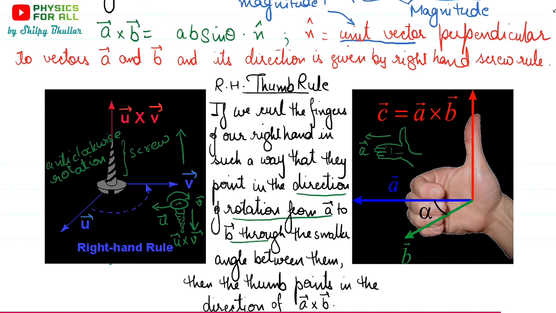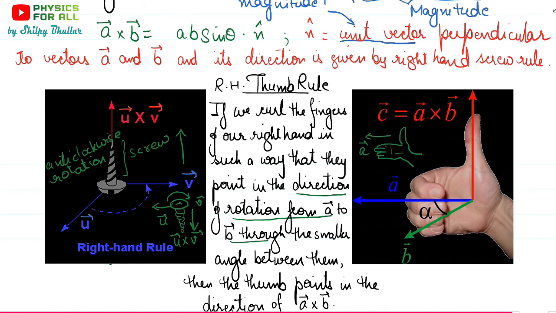The way we take our fingers inward is called curling your fingers. So when we curl the fingers of our right hand in such a way that they point in the direction of rotation from vector A to B through the smaller angle, alpha, then the thumb points in the direction of A cross B.